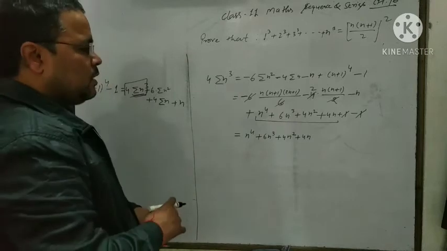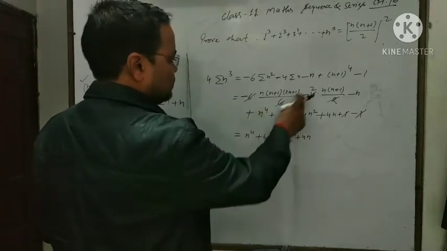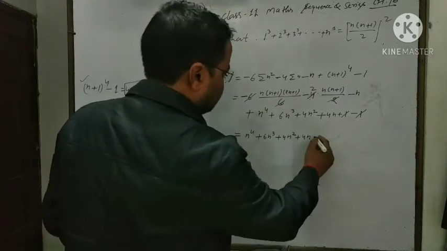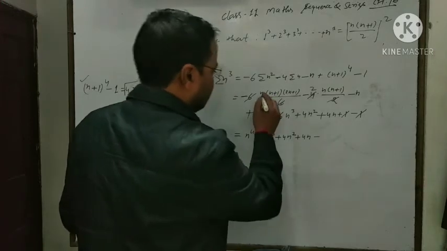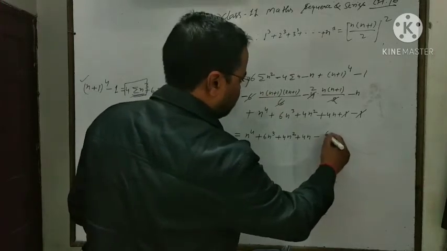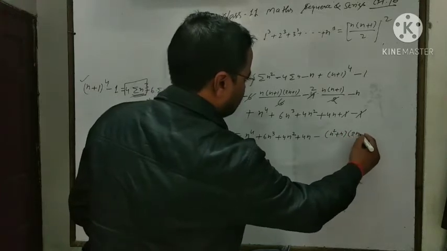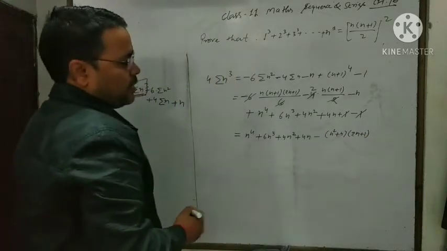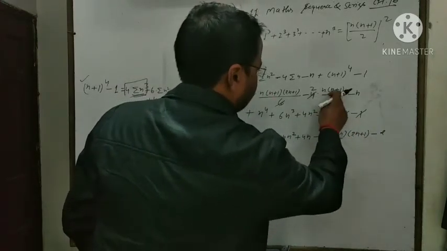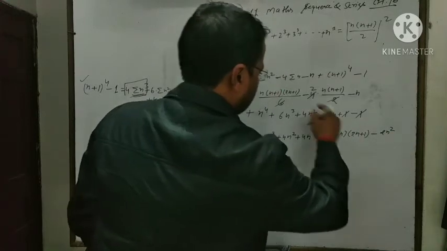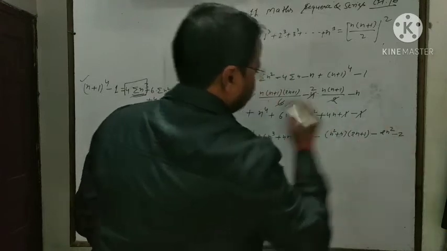Okay. Now we have to write this term. This is the minus n into n plus 1. If we multiply n by n plus 1, it will be n square plus n, and here 2n plus 1, and then minus 2n into n, 2n square, and here minus 2.